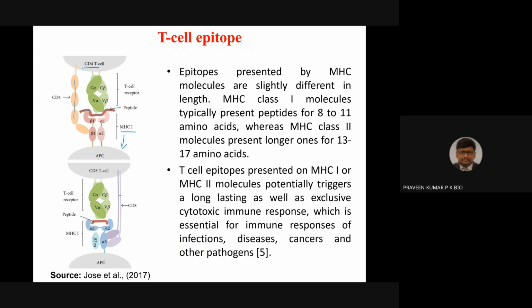I also told you examples of APC: B cell, dendritic cell, macrophage, natural killer cell. All these come under antigen presenting cells. If this interacts with the T cell through CD4 and the T cell receptor, the T cell gets activated.